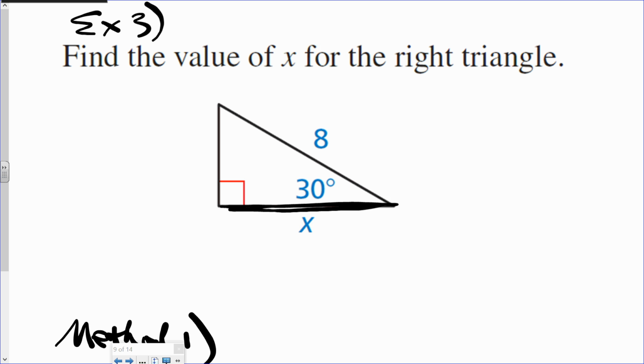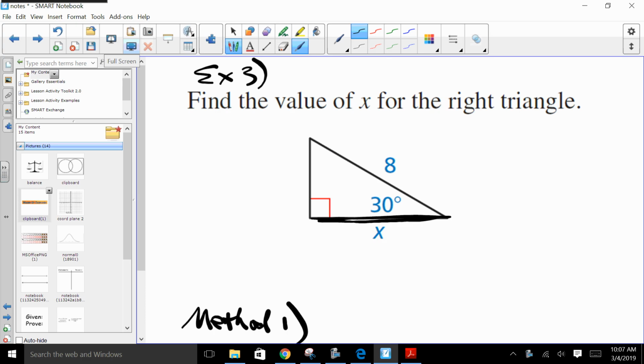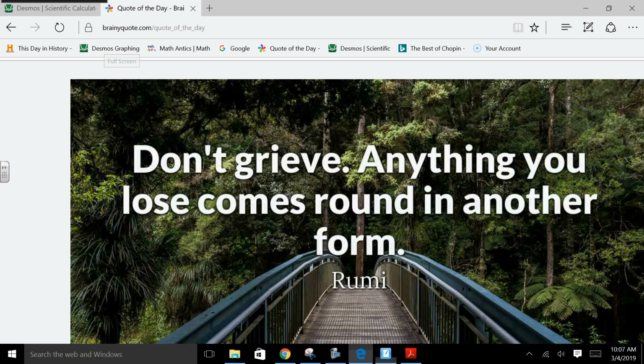If you don't have a Chromebook yet, after you draw this, go ahead and grab your Chromebook because you're going to need the calculator right now. So draw this first in your notes and go grab your Chromebook if you don't have it yet. Once you have it, go to the Desmos calculator.